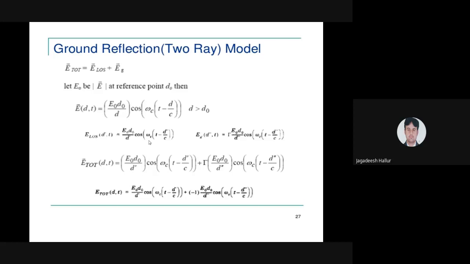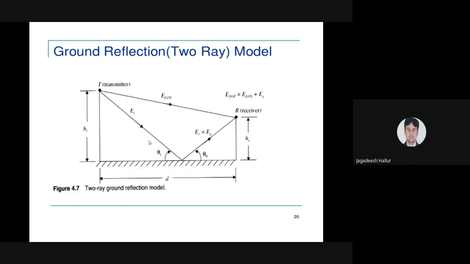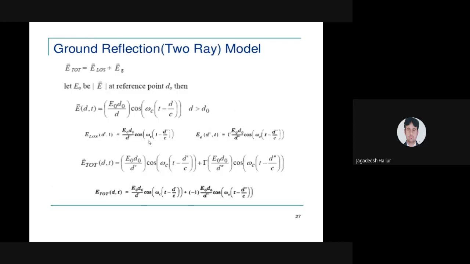In the ground reflected wave, you are seeing the second wave reaches the ground and then reaches the receiver. There are a number of losses present in the ground reflected wave. If there is a direct line of sight between the transmitter and receiver, there are no losses.